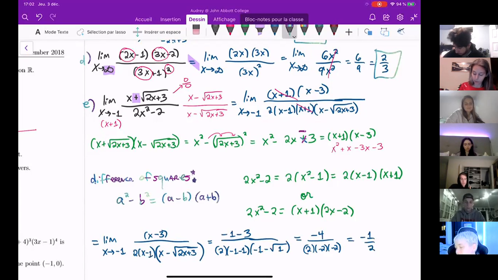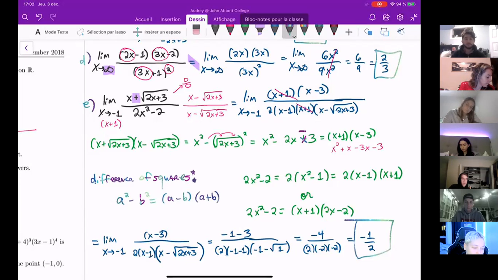And I end up with another -1/2. Okay, are there any questions about this finding the conjugate and the rationalizing that we did here?